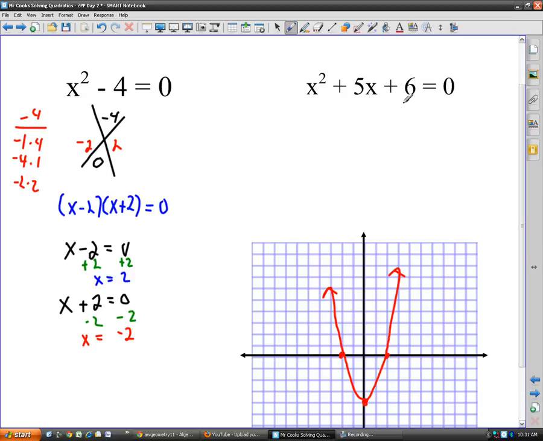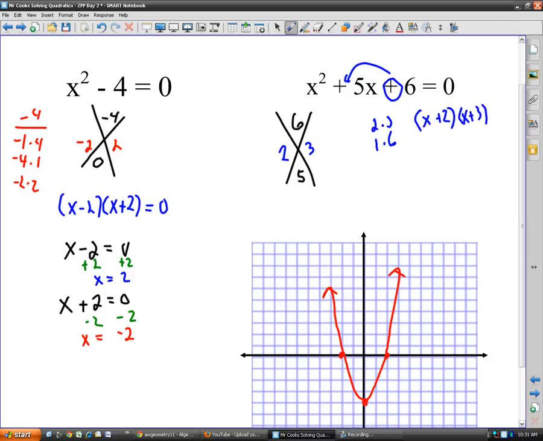Let's try it. Again, I multiply the first and last term, I get positive 6. I need the terms to add to get me 5. So I have 2 times 3 or 1 times 6. Those are my factors of 6. And 2 and 3 will add to get me 5. So in this case, my factoring becomes x plus 2, x plus 3, and I set it equal to 0.